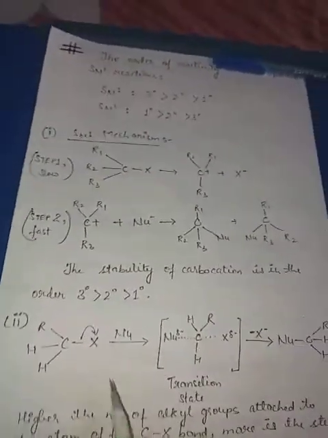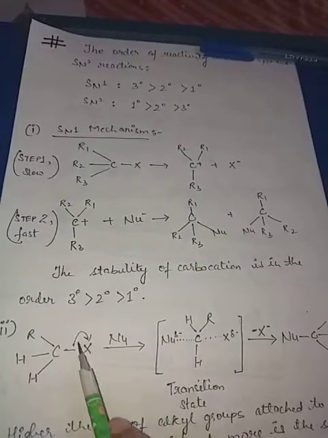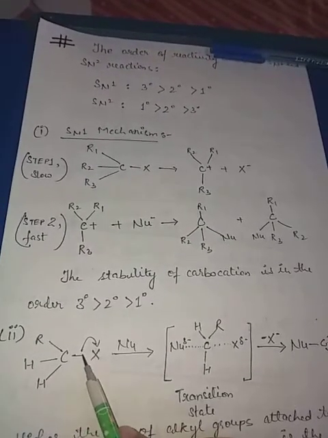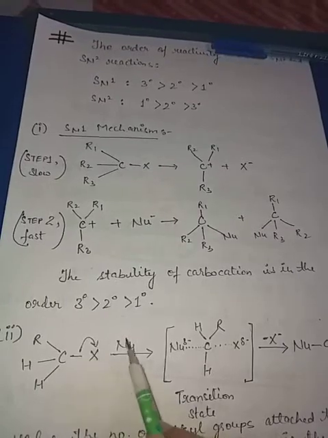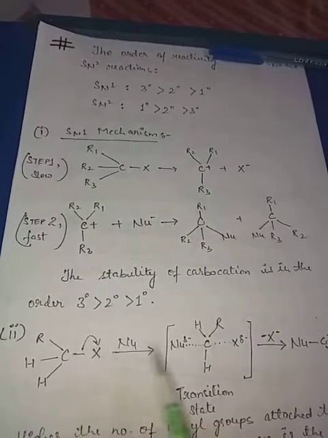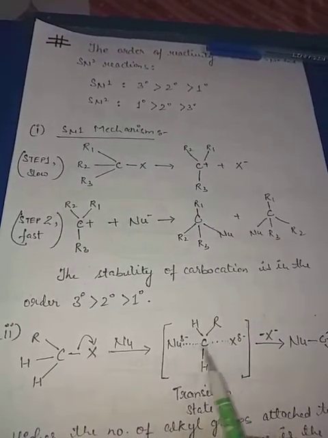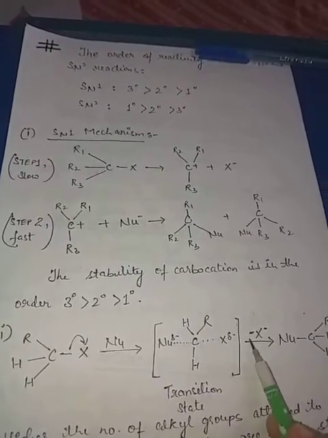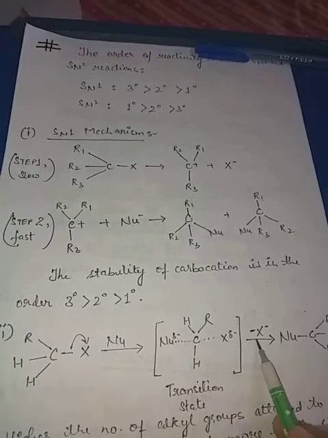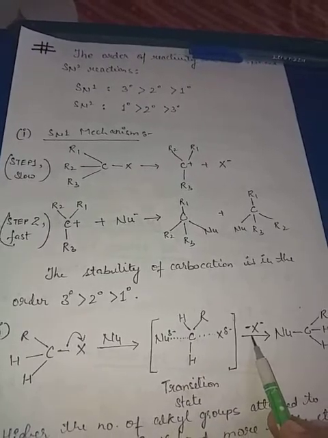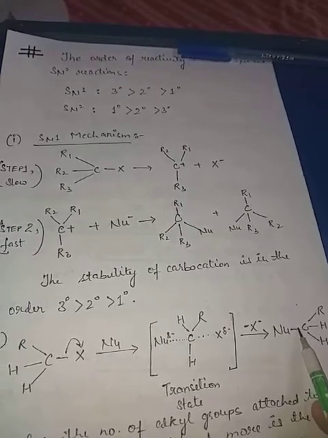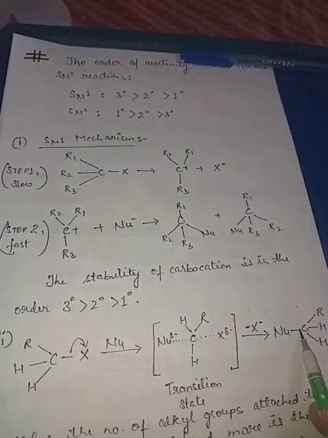Now see the second one. Here a transition state will be formed. The nucleophile is attacking this carbon. This is the leaving group, and this is the incoming group. They both will remain here in the attached state. This is the transition state. And then after that this halide will detach itself from this carbon, and the nucleophile will make a permanent bond with this carbon.